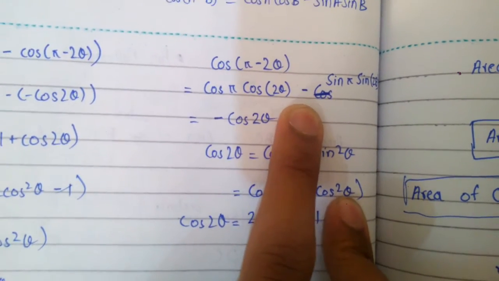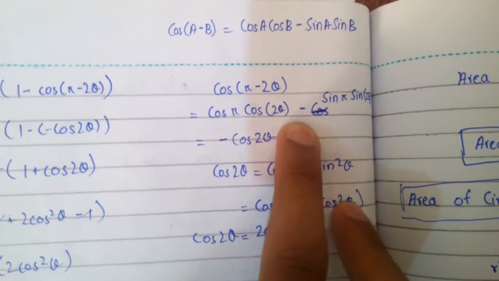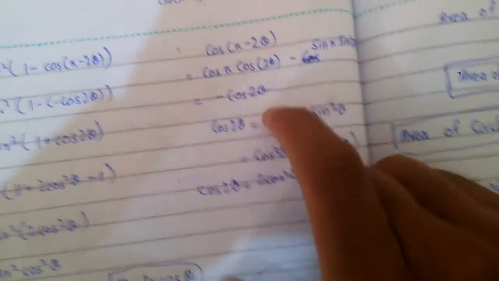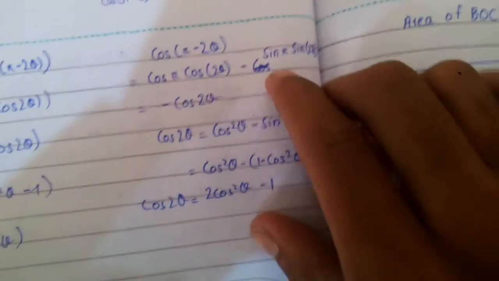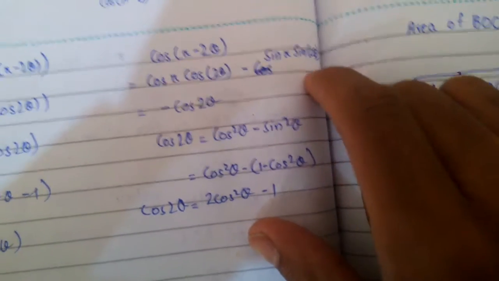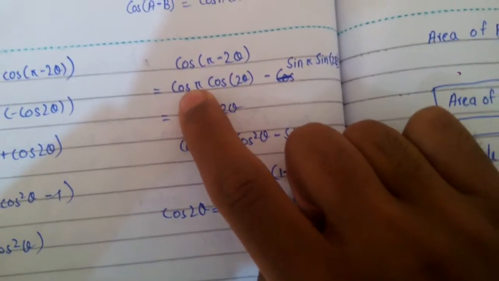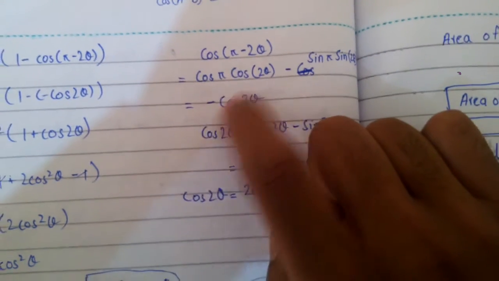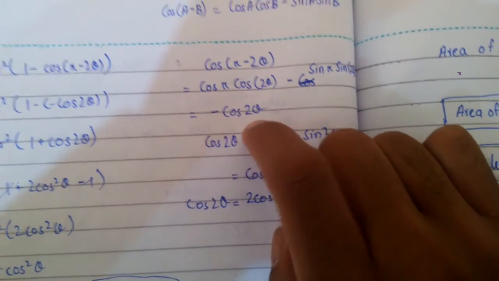I'm sorry, it's not minus, it's actually plus. Either way it doesn't matter because sin pi is 0, so this whole thing becomes 0, and cos pi is minus 1, so it gives us minus cos 2 theta.